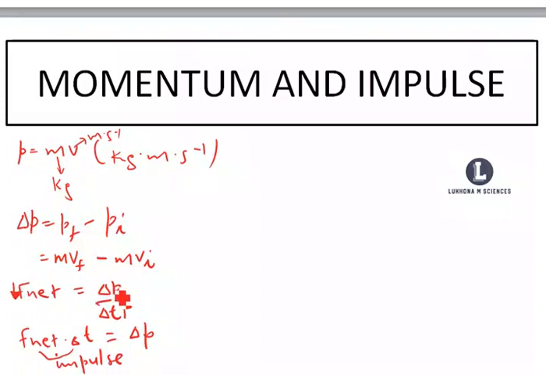at constant change in momentum. Okay, so the seat belt will increase the contact time. So when the contact time increases, or the collision time increases, then the net force decreases, then the injuries decrease, right?